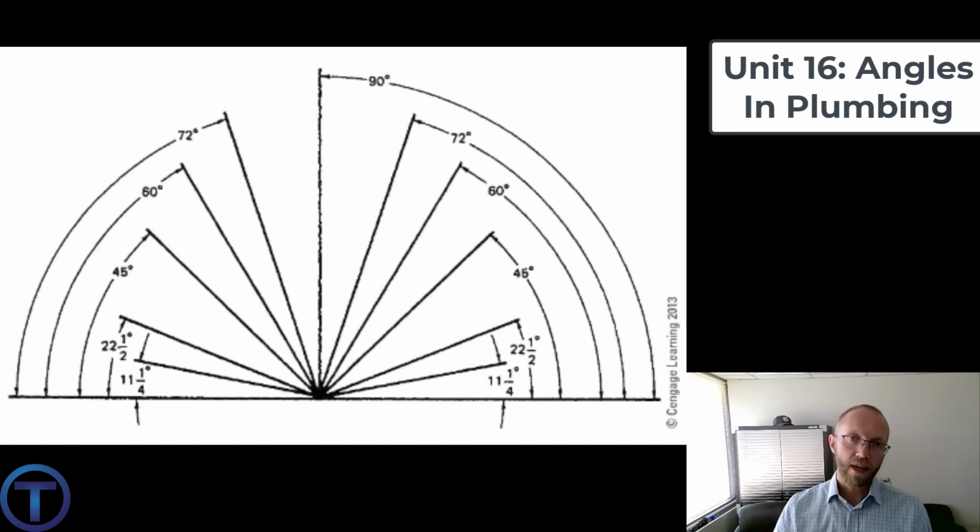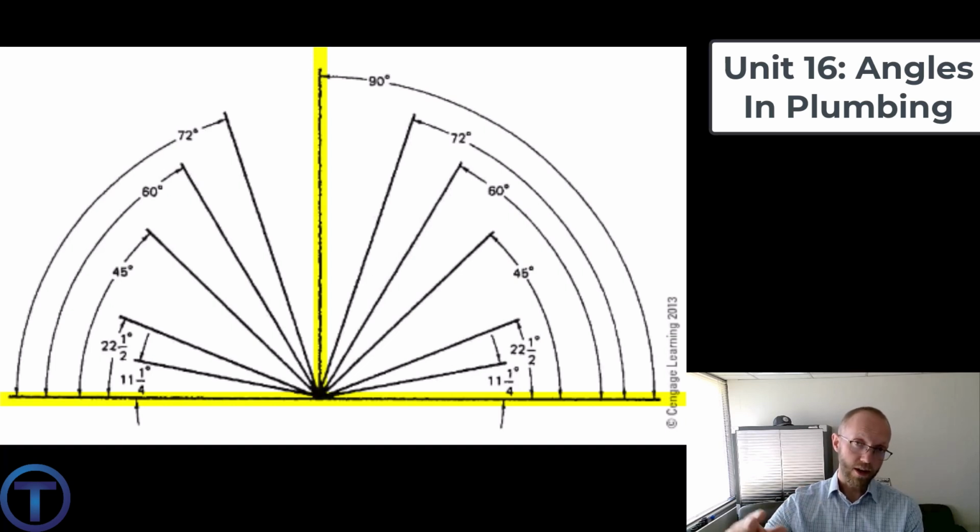Okay, follow me here on the diagram as I read this description that's right here in the text. It says a fitting angle, and they abbreviate that FA, is measured between an extension of one center line to the other center line.